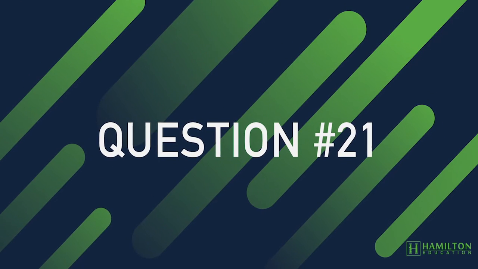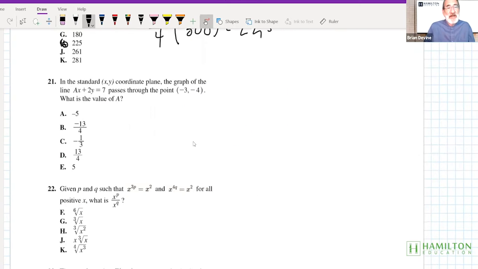Question 21. In the standard XY coordinate plane, the graph of the line AX plus 2Y equals 7 passes through the point -3, -4. What is the value of A?